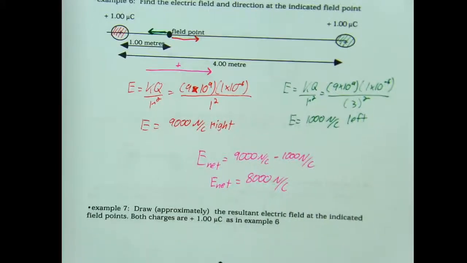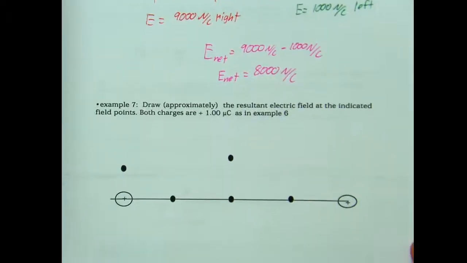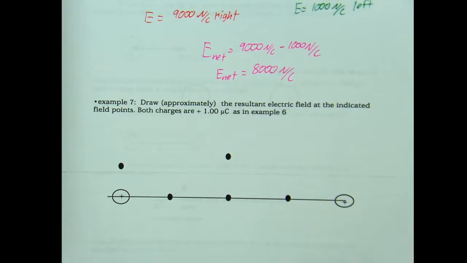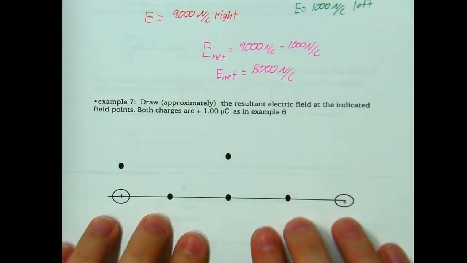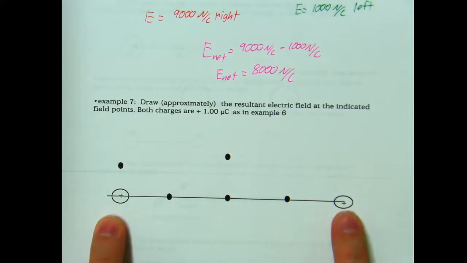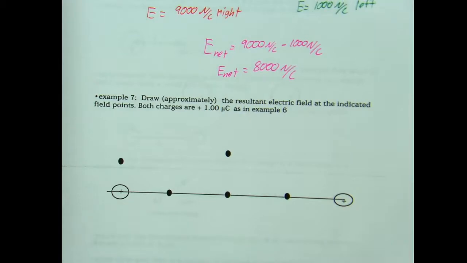We can use this particular example to do the next one. We can see here, in this case, we're not asked to find the electric field strength everywhere, but we're going to just draw it in general. So if we take a look at what's going on here, I've got 2 equal 1 microcoulomb electric charges, and we want to see what the electric field is between them at all points.